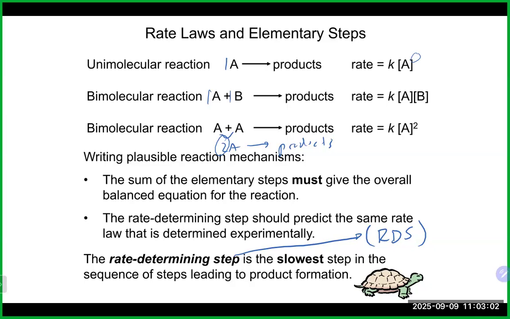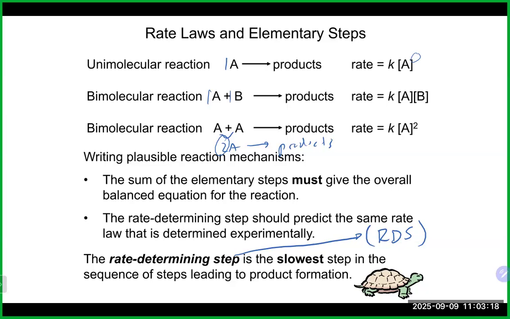Because it holds up the line, it determines how fast that reaction can take place. It's like being in the 15 items or less line when the guy in front of you has 400 items. He is the rate determining step for you getting out of that line, right? Till he gets through, you're not going to get there.